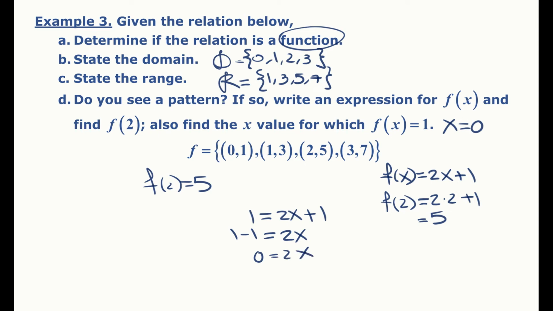Now we're going to divide both sides by 2. So we end up with x equals 0. So we could do it using just these ordered pairs, or we could use this functional definition to do it.